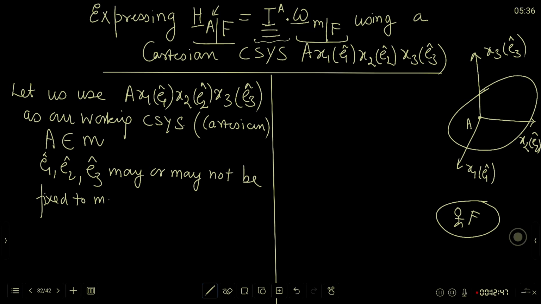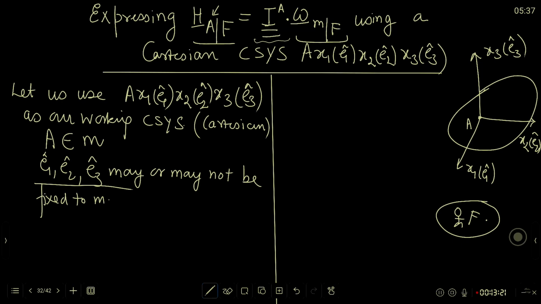I used to fix it in F, and when I say I used to fix it in F, the origin of the coordinate system was fixed to F, as well as the unit vectors. However, here I am talking about a totally different coordinate system. It is Cartesian, but its origin is now A, which is a point fixed on the rigid body itself, and I am not putting any restriction on E1, E2, E3. Right now there is no restriction required.